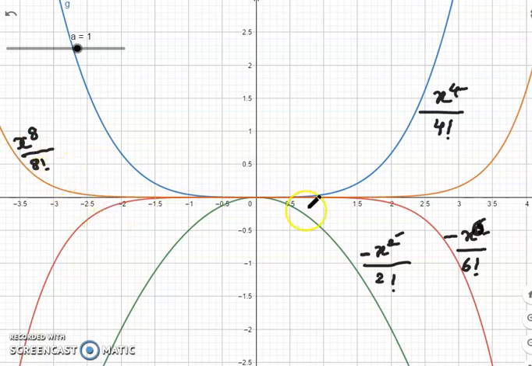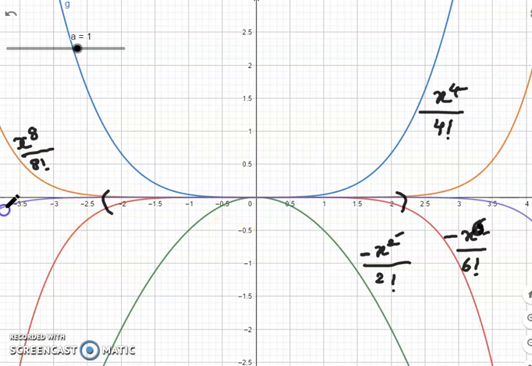We can observe that as the power of x increases, the curve flattens, running exactly parallel to the x-axis. I'm going to plot one more function, that is x power 10 divided by 10 factorial.